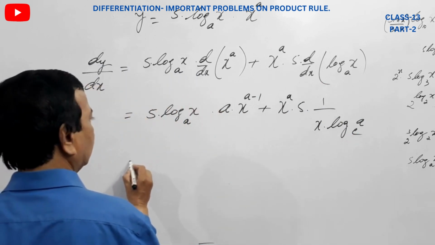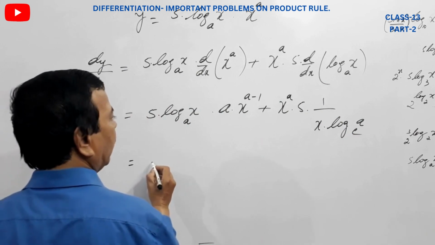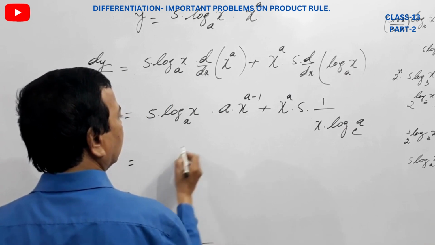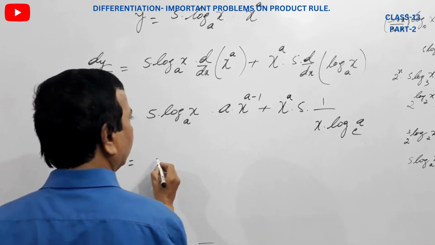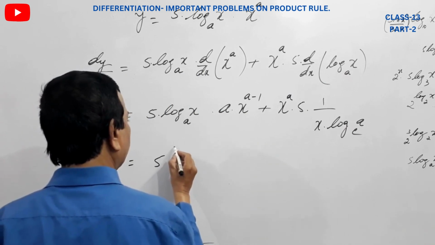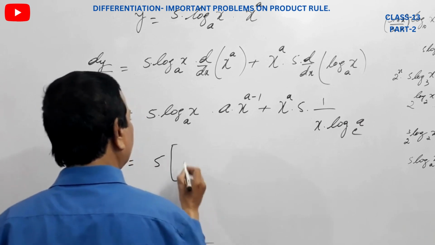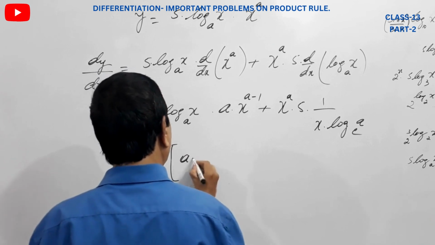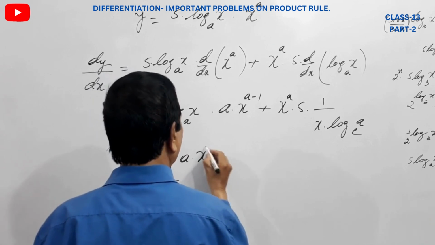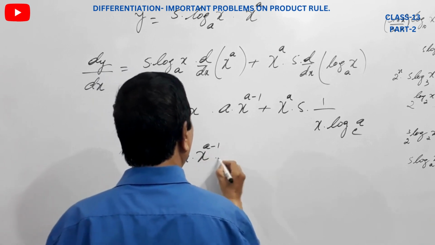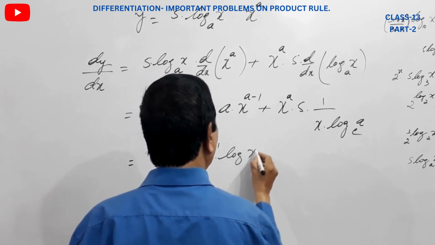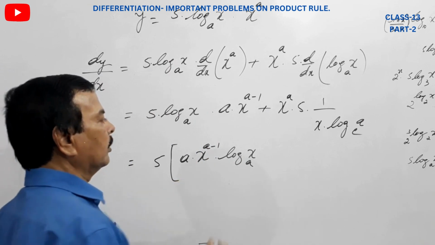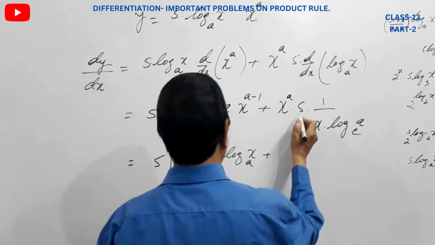So we'll solve this once again. This is nothing but I take 5 common because 5 is everywhere. I take this a first here. a into x to the power of a minus 1 log x to base a plus 5 I have already taken.